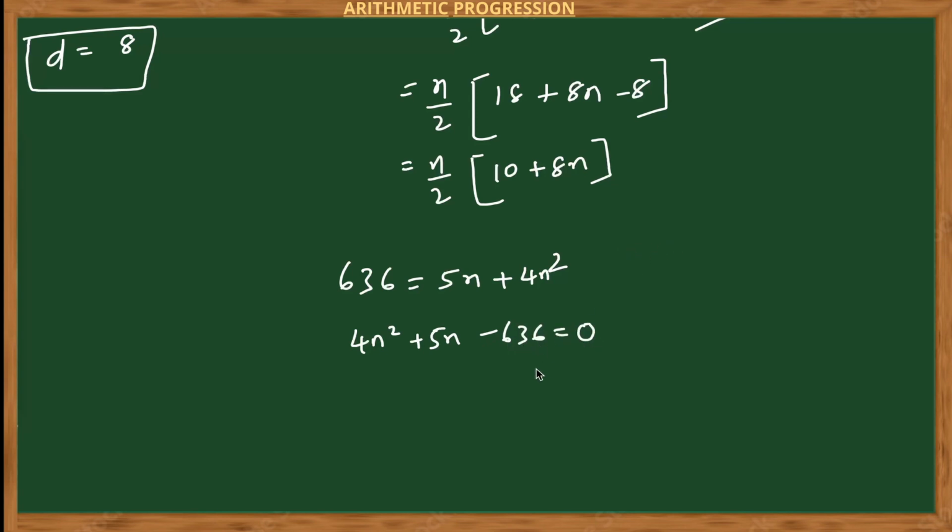Now we need to find the factors of the quadratic equation. So if you multiply, the product should be 636 multiplied by 4.